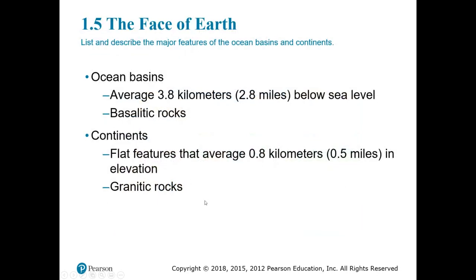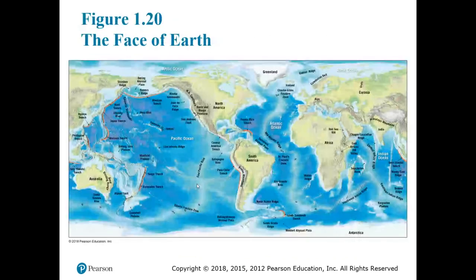If we look at the face of the Earth, we have ocean basins and continents, and we're going to cover each one of these in detail as we go throughout the course. We'll use maps a lot in this course.